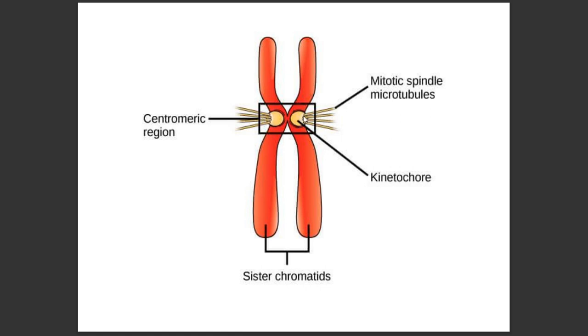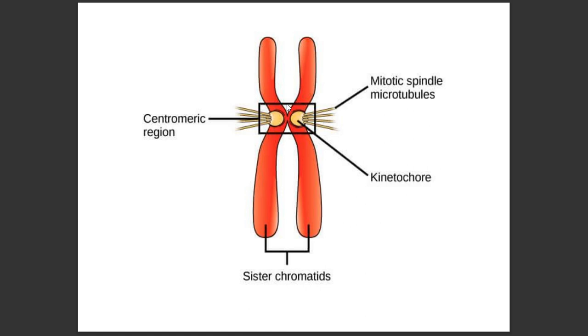The kinetochore is the point of attachment of the mitotic spindle fibers. The kinetochore is the point where the spindle fibers attach and split it apart during mitotic cell division. Whereas the constriction point of joining of the two sister chromatids is what we call the centromere.